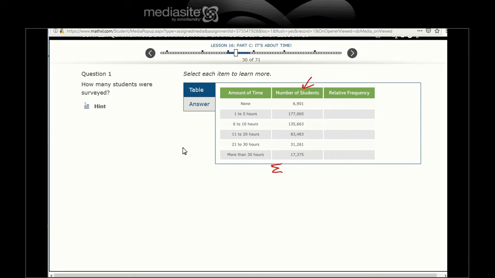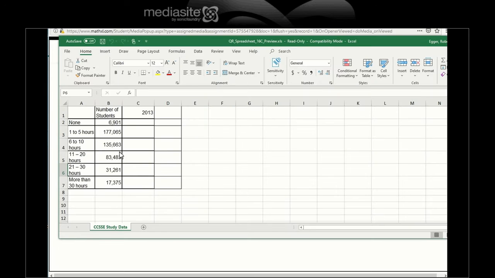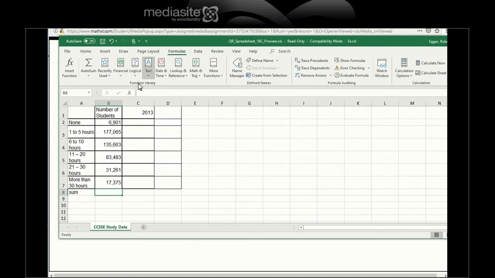Well, we could get a calculator out and do a bunch of adding, or since I have the data here, I think I'm going to use an Excel feature and do a sum, using the autosum. Add all those up.